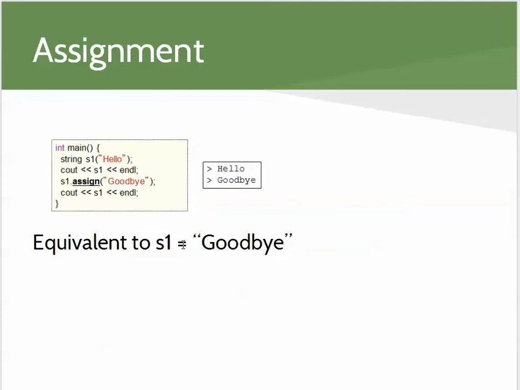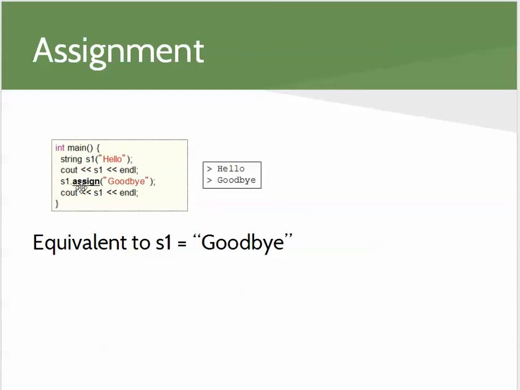Just like we can use an equal sign, there's also a method to do that, S1.assign. Just a little bit of background here. In CMPS 148, you'll learn all about making your own classes, and you'll learn that you have to optionally override these operators. You have to go through a little extra work to make your classes work with these operators, like the assignment operator.